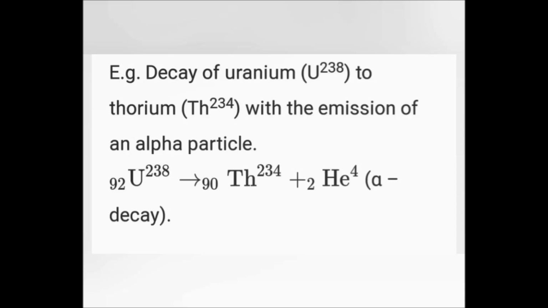See this reaction. Uranium-238, the parent nucleus, undergoes disintegration and forms thorium-234 plus helium-4, that is nothing but an alpha particle. In this reaction, an alpha particle is emitted, so this is called alpha decay.